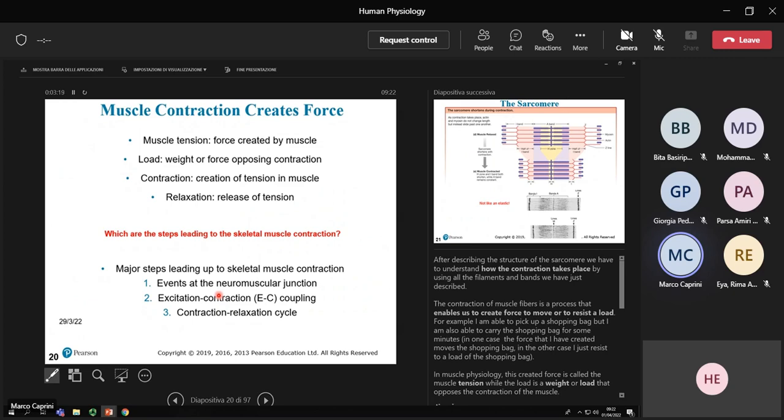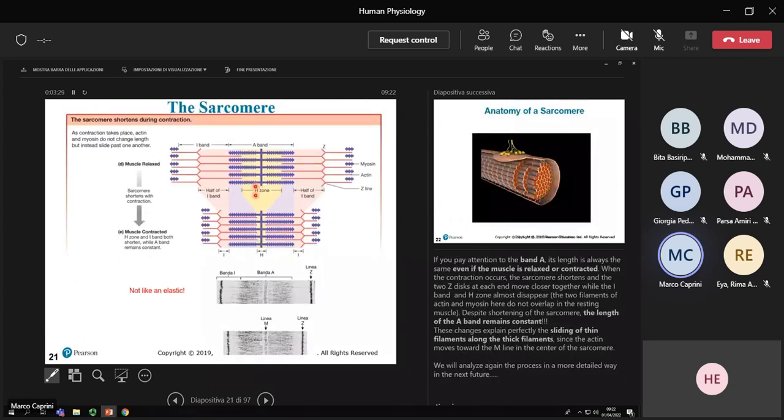And as we described in the lessons of yesterday, of I don't remember when, Tuesday, we realized that the band A, this one, in these bands, the length is always the same, even if the muscle is relaxed or contract.